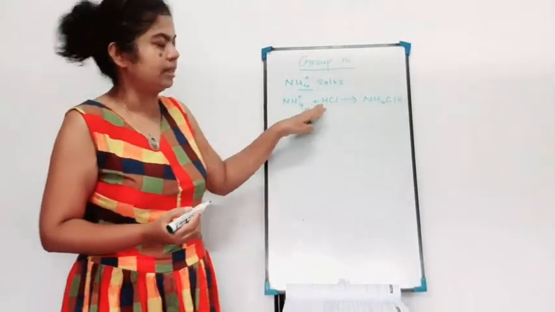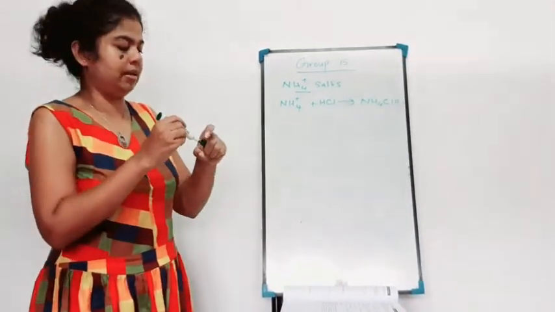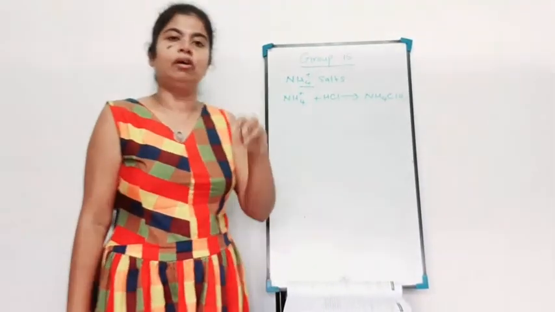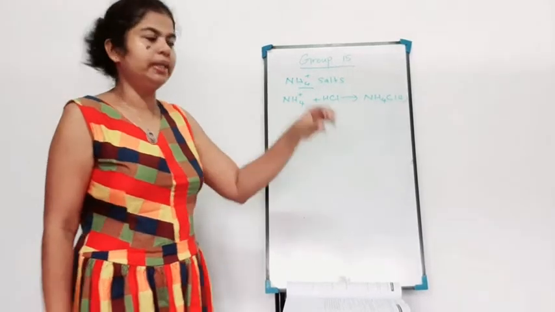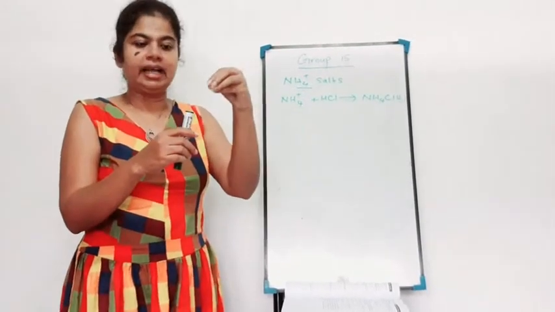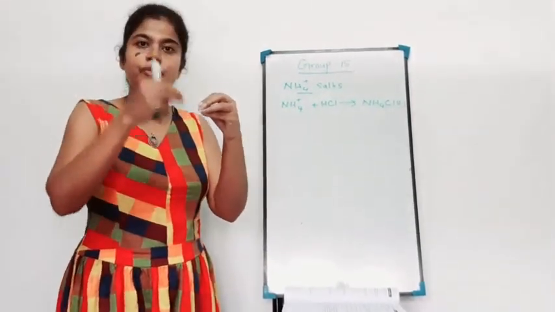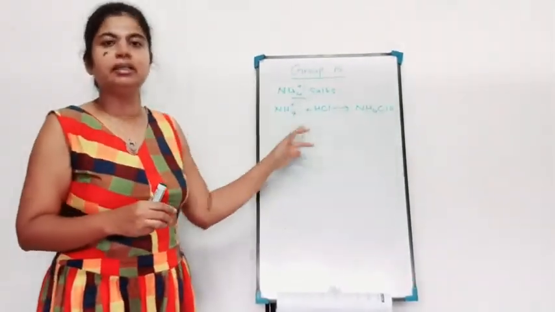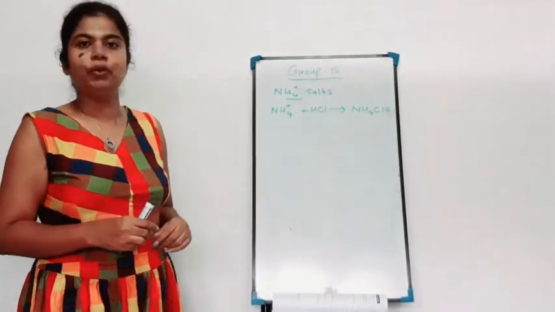We can use this as the identification. As I told earlier, if we hold the lid of the concentrated HCl bottle through the evolving gas, it produces white fumes. That white fume is ammonium chloride. That is the identification of ammonium salt.